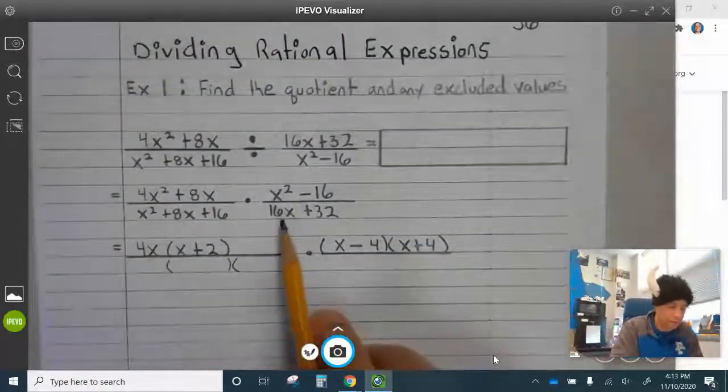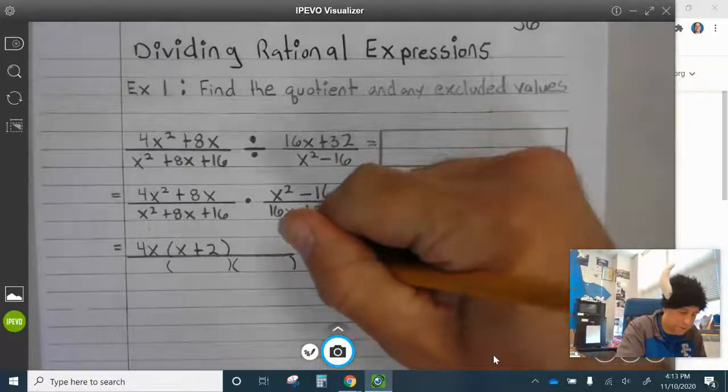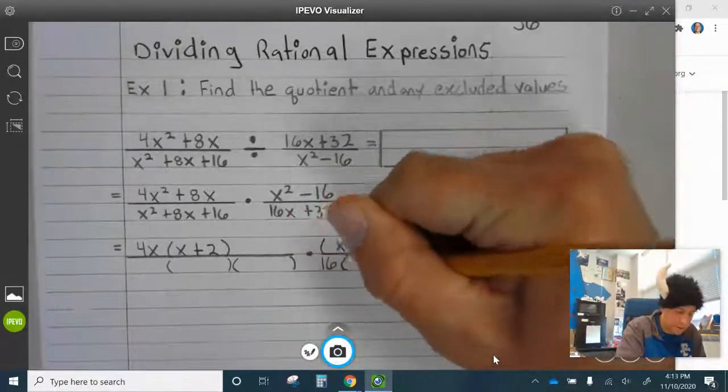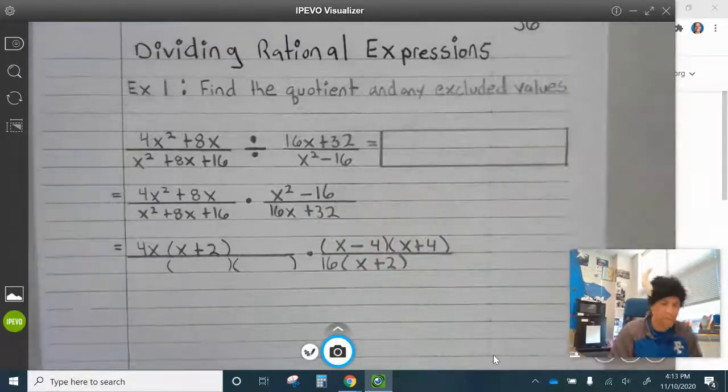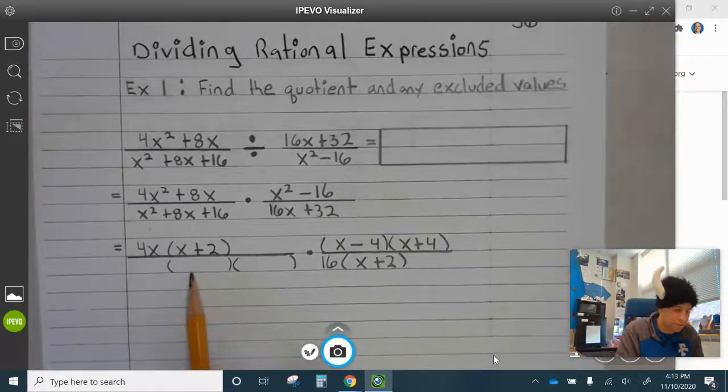And in here we can factor out a 16 from both terms, so that's 16 times x plus 2. Now we're going to come back to this and factor this.